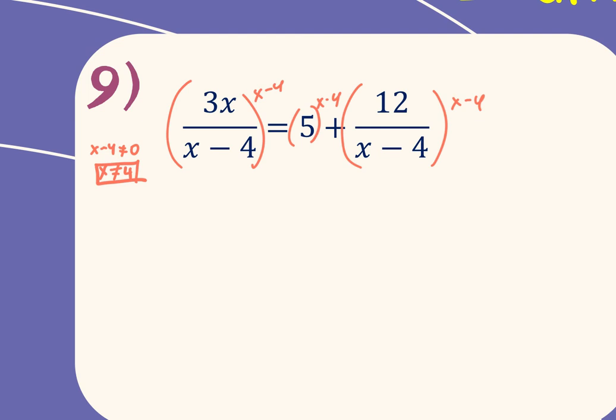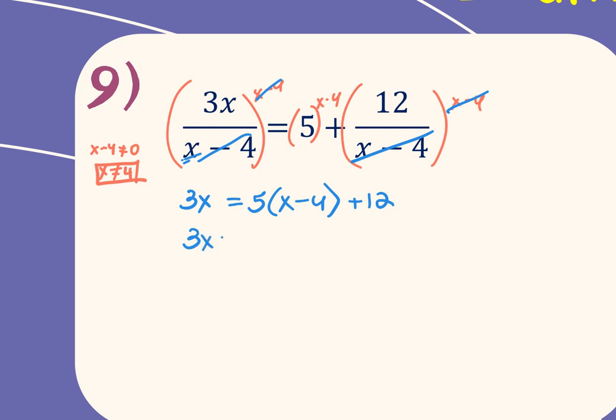From the first one, the denominators cancel into the least common denominator. So I get just 3x. Then 5 times x minus 4, that 5 is going to get distributed to both. And then the x minus 4's cancel again, so it's plus 12.